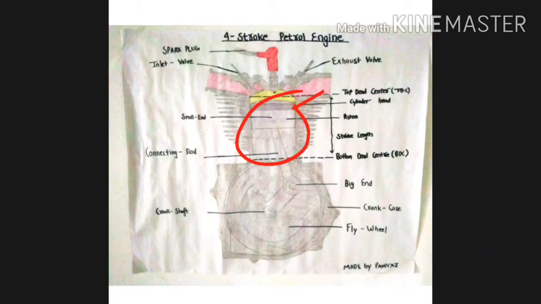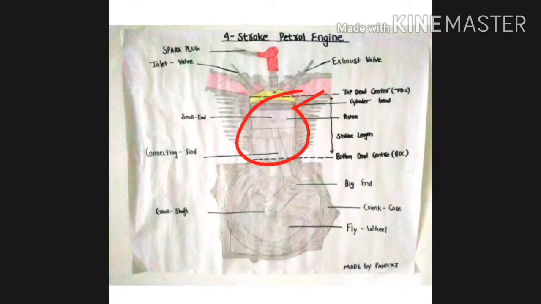Now we have to talk about the stroke length. The piston moving from top dead center to bottom dead center, this is called the stroke length. Now what is the top dead center and what is the bottom dead center? First of all, we define the top dead center.